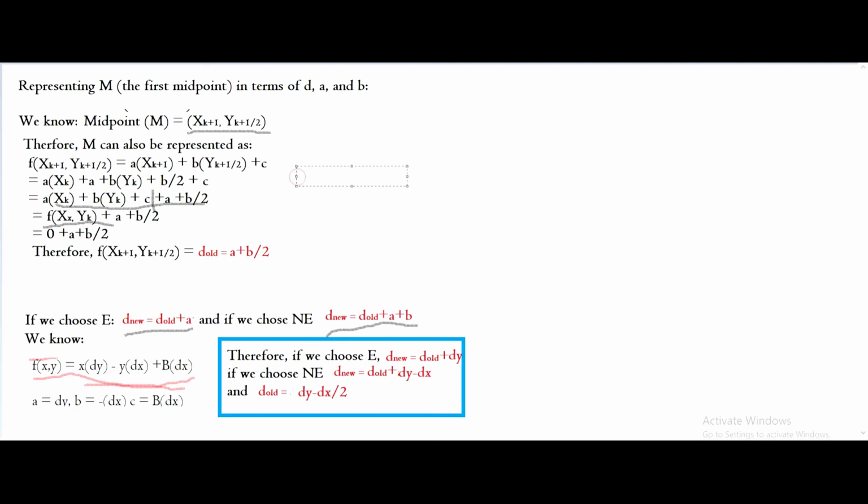I should write this down: f(xk, yk) is basically equal to 0, because points on the line are always equal to 0.